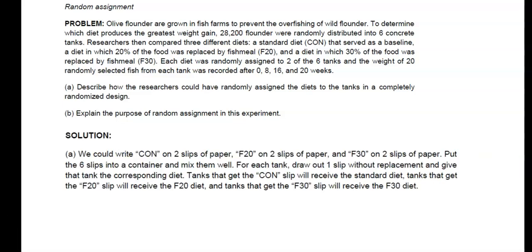Okay, what is the purpose of random assignment? I want you to know these 2 things about random assignment. They create roughly equivalent groups. And because of that, you might be able to prove cause and effect, right? That's what we want. We want random assignment, or else you're not going to prove cause and effect. Let's see what they say.